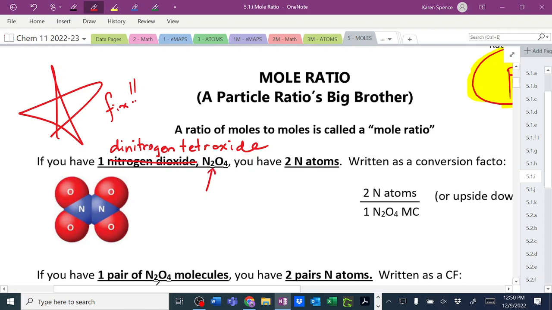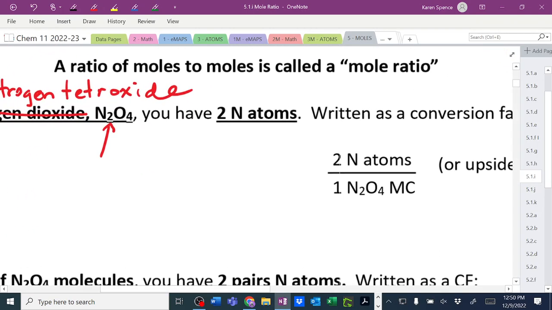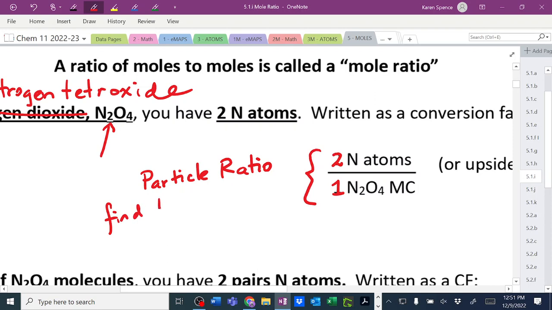So we can say that we have 2 N atoms for every 1 N2O4 molecule, and this ratio here is the particle ratio. Find it by counting within the formula. Super easy.